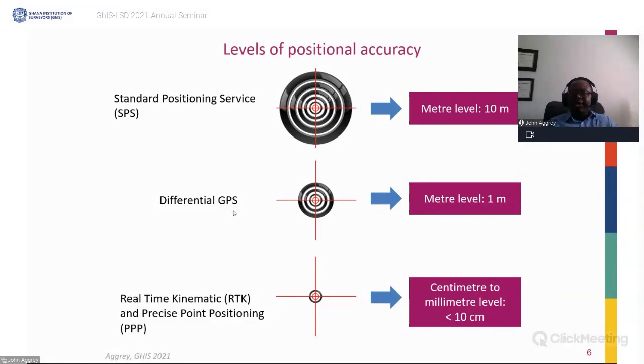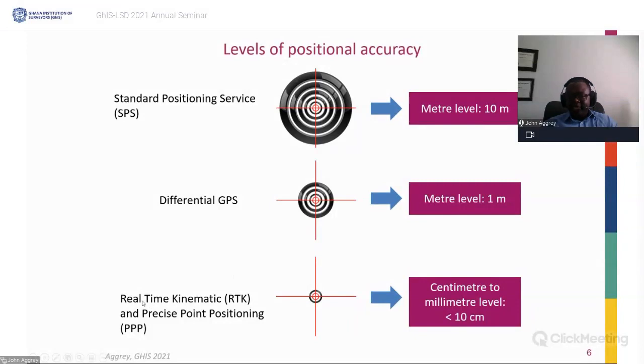And then the rover uses the measurements coming in from the base station to position itself as it goes along. So it becomes a differential kind of positioning technique. That gives you about a meter level of accuracy. Again, it depends on the kind of work you are doing. If you don't mind a meter level of accuracy, then fine. But for some kinds of survey work, you want something better.